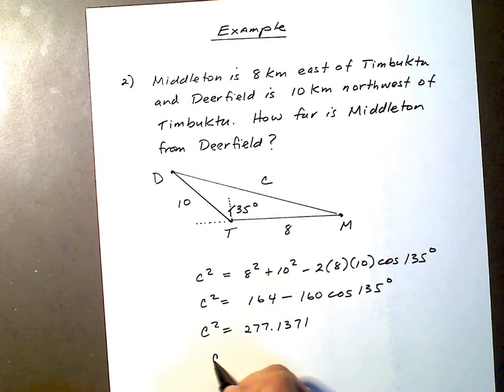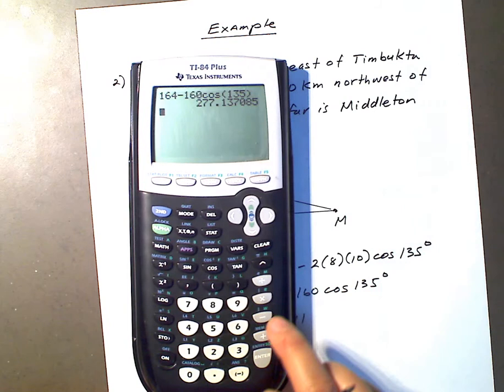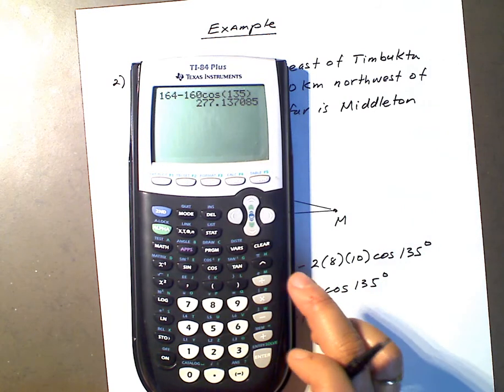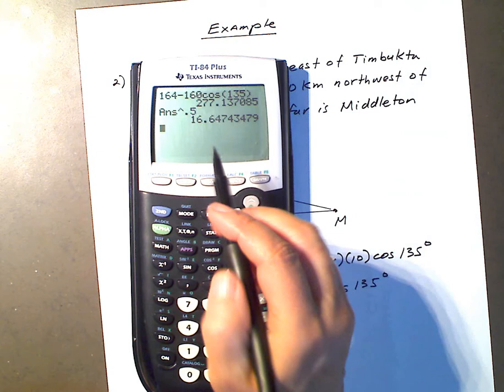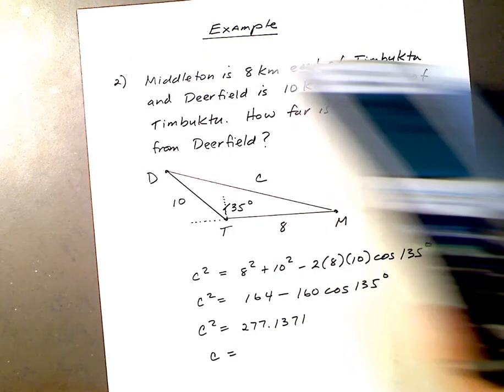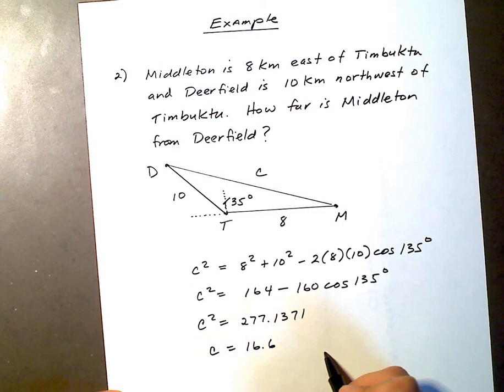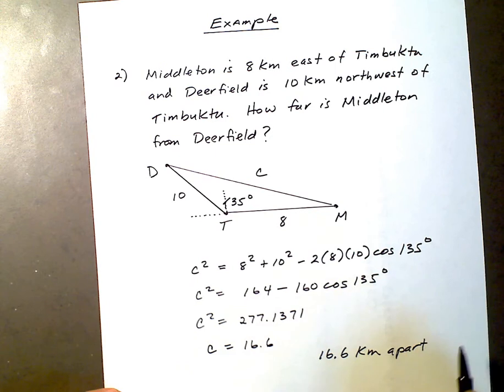But I leave it in my calculator to just take the square root of it unrounded, because I don't want to round before the final answer, because otherwise I get rounding error. So I'll raise that to the 1/2 power, which is taking the square root, and I get 16.6, to 3 significant digits. So 16 and 6/10. So the towns are 16 and 6/10 kilometers apart, Middleton and Deerfield.